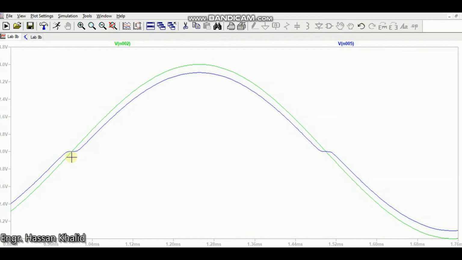So let us just realize our circuit so that we can give a few suggestions that could reduce this crossover distortion. This is an unwanted waveform, and this distortion should be minimized. When this happens, it actually means that in this state one of the transistors is on and the other one is off, and simultaneously the other one will be on and the previous switch will be off.